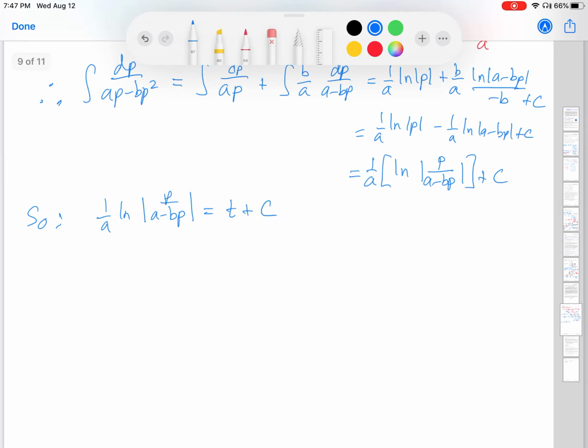Great, t plus C. All right, so I'm going to multiply by little a, plus I'm going to introduce a new constant here, D, because it's just capital C times a. And then I'm going to exponentiate.